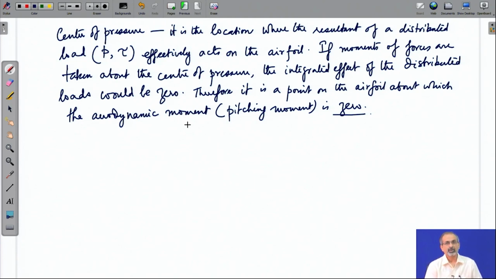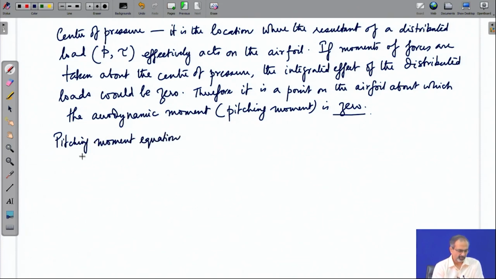Now, we may recall the pitching moment equation. If we were to write down the pitching moment equation, that will show precisely how pressure and shear stress were integrated over the surface.